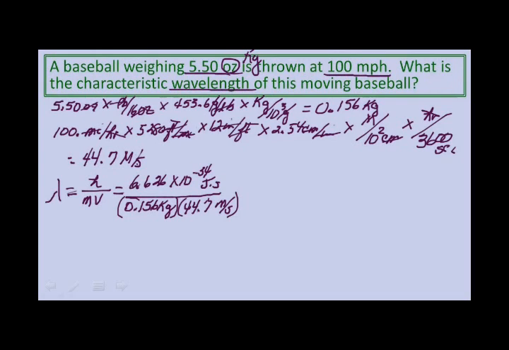Now look at that. Nothing cancels. Don't tell me that you think seconds cancel, because they don't. That second right there, and the second here, and the second here, you know what's going to happen with them? Yeah, that's right. They're going to come out to be seconds squared. So nothing cancels.